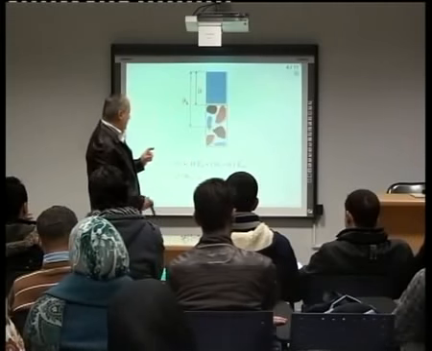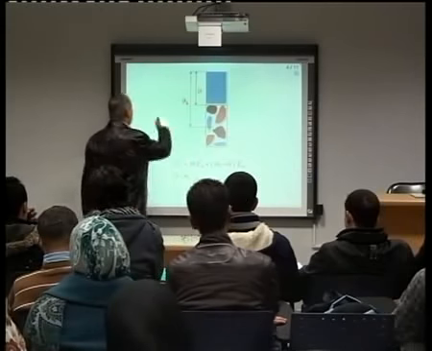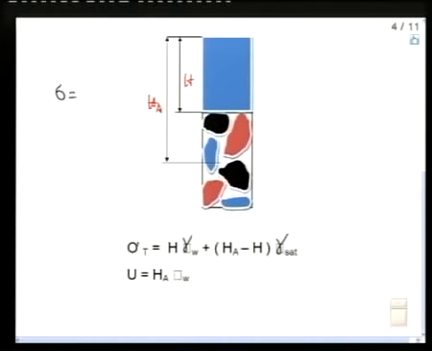Now, if we apply the equation, sigma total equals sigma prime plus u, which means sigma effective equals sigma minus u, total minus pore water pressure. Let us find what pore water pressure is. Pore water pressure is the height of the water above the point multiplied by gamma water.